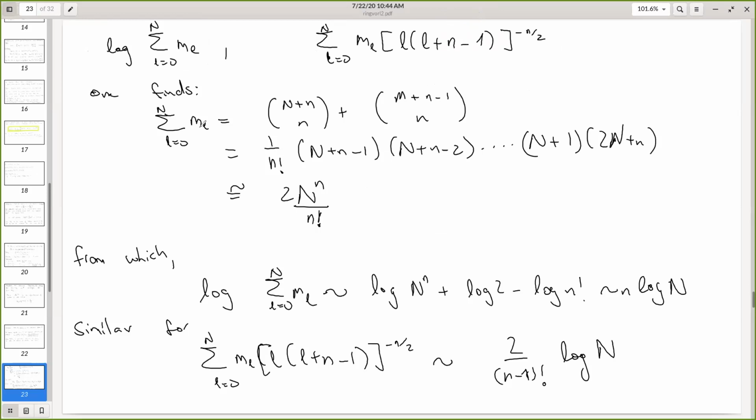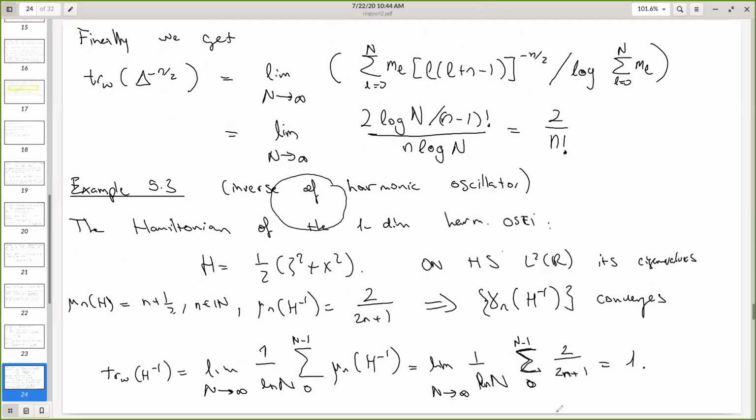Basically, the sum here is 2 times n to the power of n divided by n factorial, for which the logarithm of the sum of m_l for l from 0 to n is approximately the logarithm of n to the power of n plus log 2 minus log n factorial, and this is approximately n log n. Similarly, the sum of m_l times (l times (l plus n minus 1)) to the power of minus n over 2 goes to 2 divided by (n minus 1) factorial times log n.